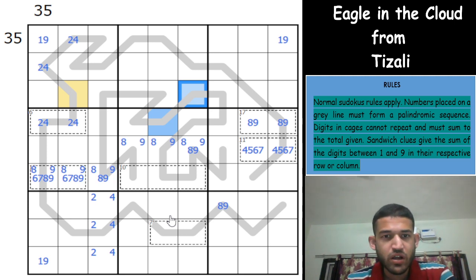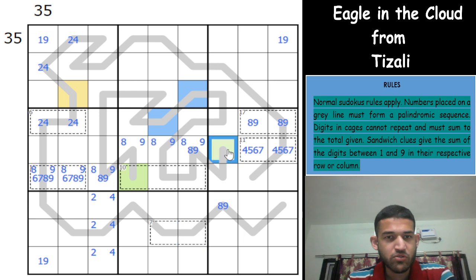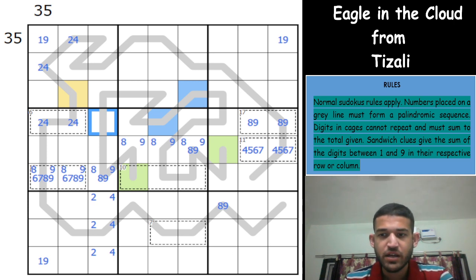Okay, so now here comes an interesting question. We know that both of these cells are going to be equal because they are the opposite ends of a palindrome, and by the rules of Sudoku, the digit which comes in the green cell must be in one of these 3 cells. But the question is, can it be in this cell? This is a kind of difficult deduction to see, but an extremely worthwhile one to find. So if it goes here, let's say the green cell goes here.